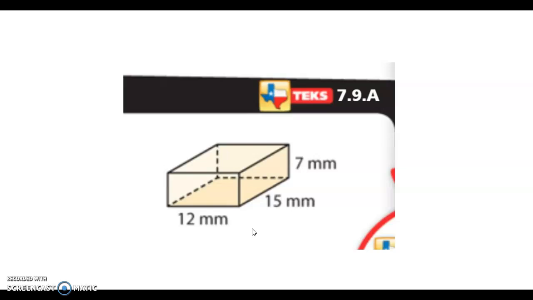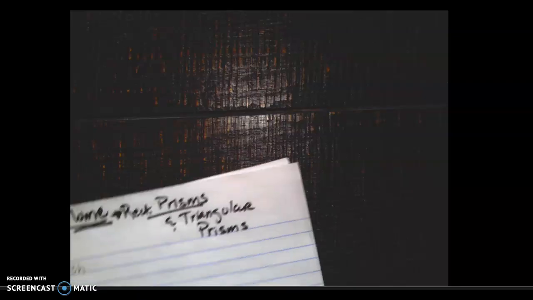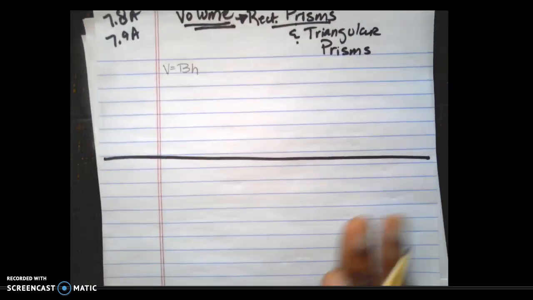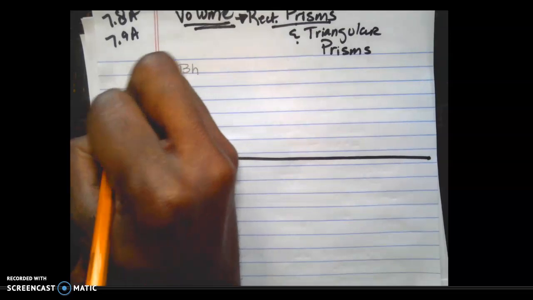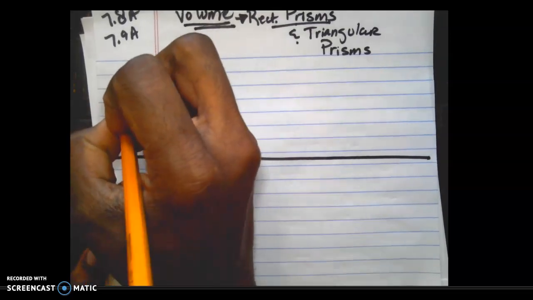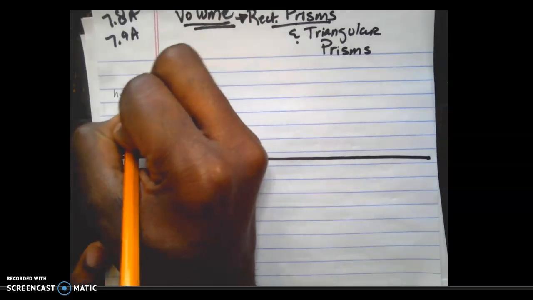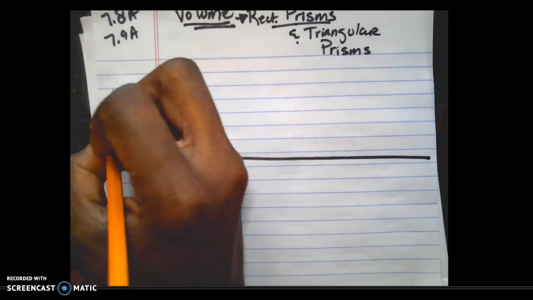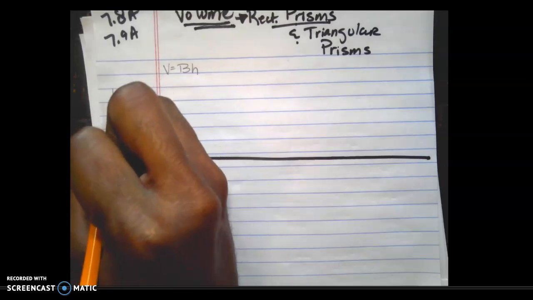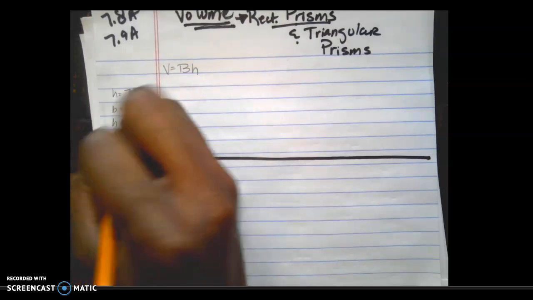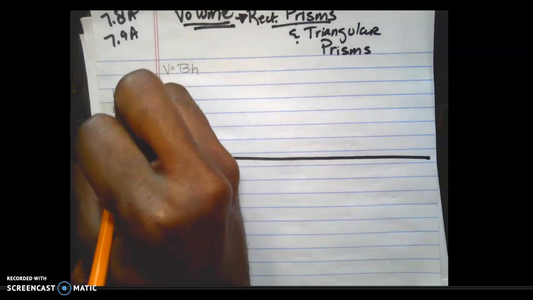So let's go ahead and switch over to our drawings page. All right, so for the first one, I know that the height of that figure is 7. That was 7 millimeters. We know that the length, or the little b of that base, was 12.